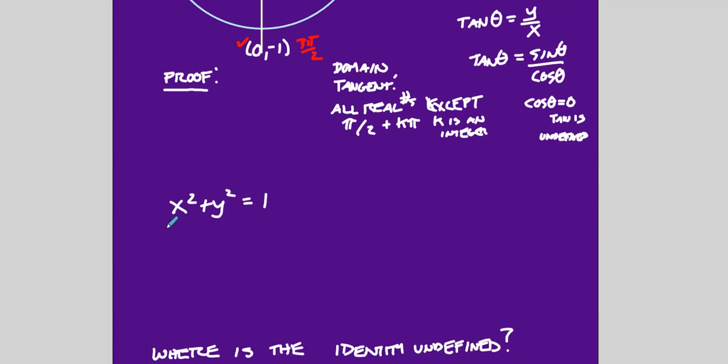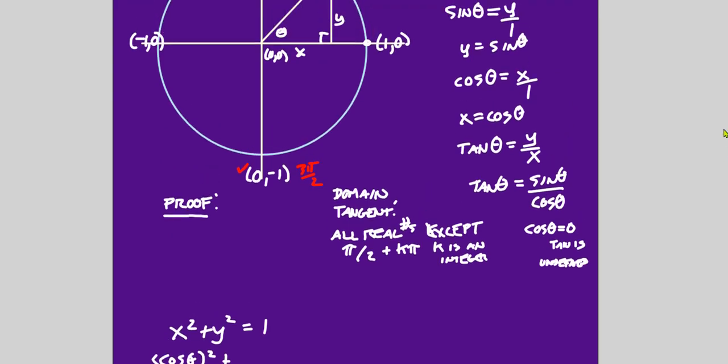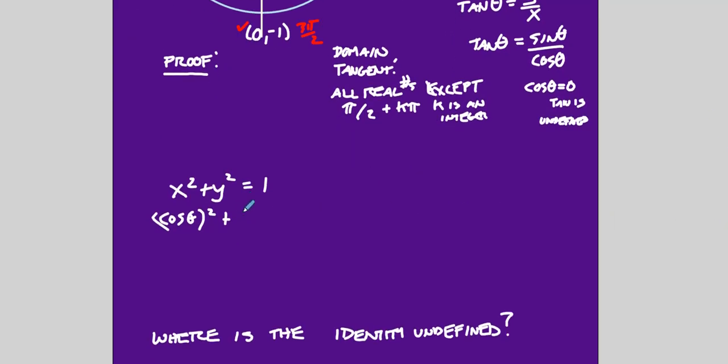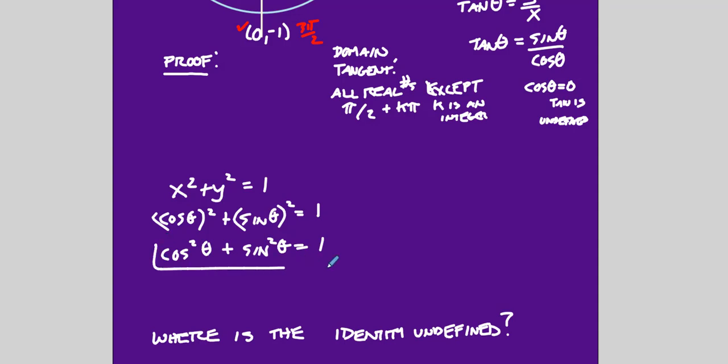So this is cosine theta squared plus, and y is equal to sine theta, so that is sine theta squared, and that's going to equal 1 squared, which is just 1. Okay, but cosine theta squared, which is how you actually would have to enter it on a calculator, we usually write as cosine squared theta plus sine squared theta equals 1. So that is the proof, or how that identity is derived.